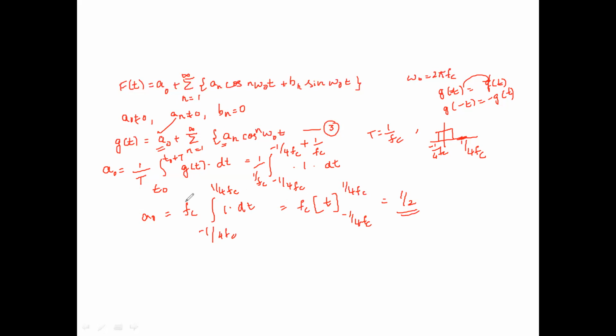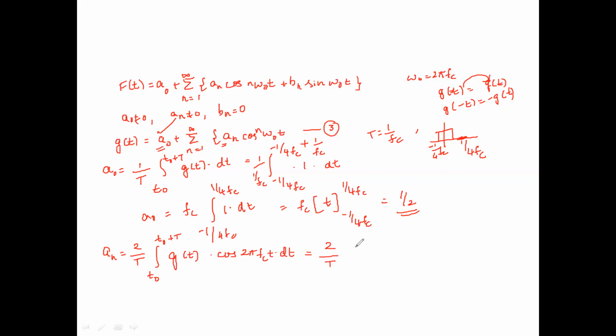So how will you find out the value of an? An is equal to 2 by T integration from t naught to t naught plus T of g of t into cos n 2 pi fc t into dt. This is the equation for finding an. So what you get?